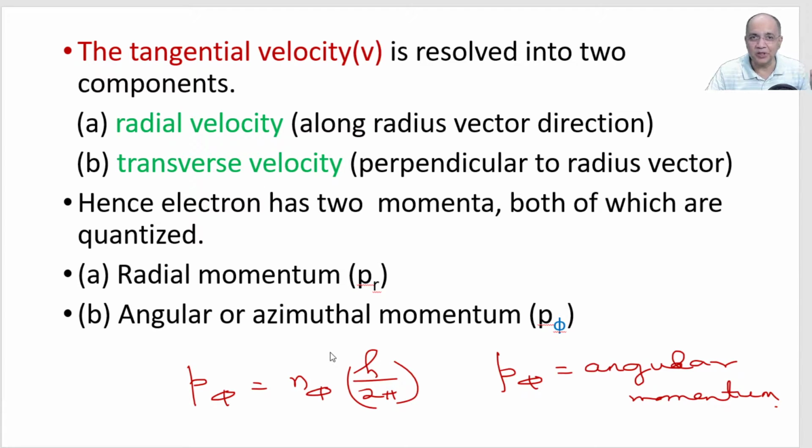The angular momentum, which you were saying before, without splitting this main vector into two components, you were saying simply m v r is equal to n h by 2 pi. Now we have two equations.